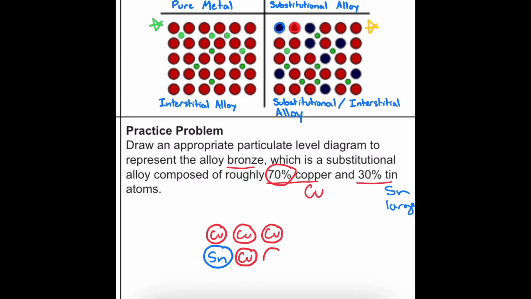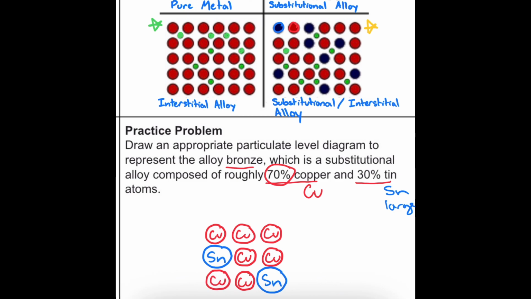Copper, copper, throw another tin down here. All right, so we have made my 3x3 grid, and I've included a total of 7 coppers and 2 tins, which isn't a perfect 70%, 30% split, but it's close, because to do 70-30, we would have had to have 10 atoms overall, and my grid only had room for 9.